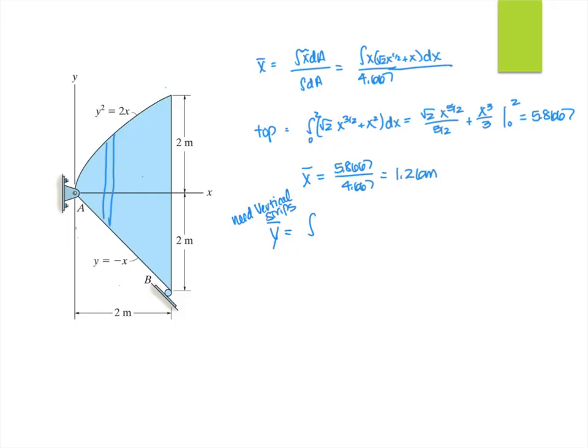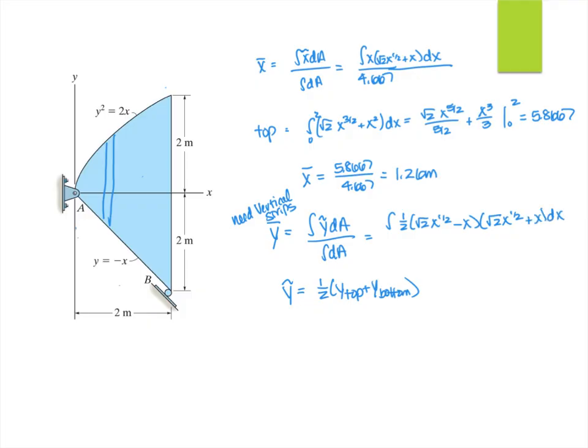And this is where we're going to have the y centroid times dA over dA. With the y centroid being 1/2 the y value at the top plus the y value at the bottom. This is still our dA.